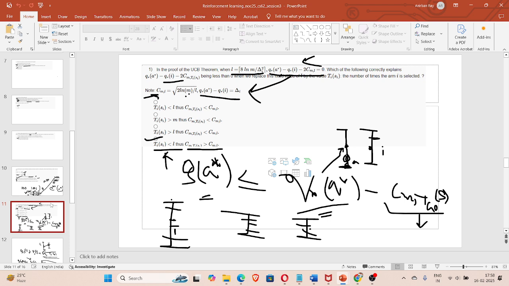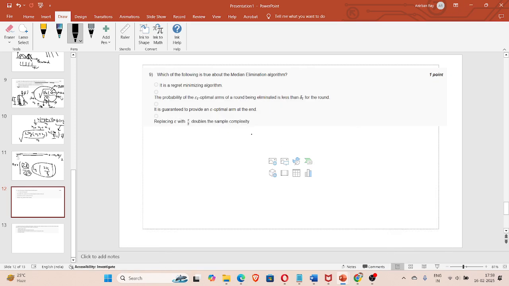So it is not a regret minimization algorithm. With regret minimization you can get to the optimal arm, but none of the algorithms here was a regret minimization one, because we are not calculating the regret term.